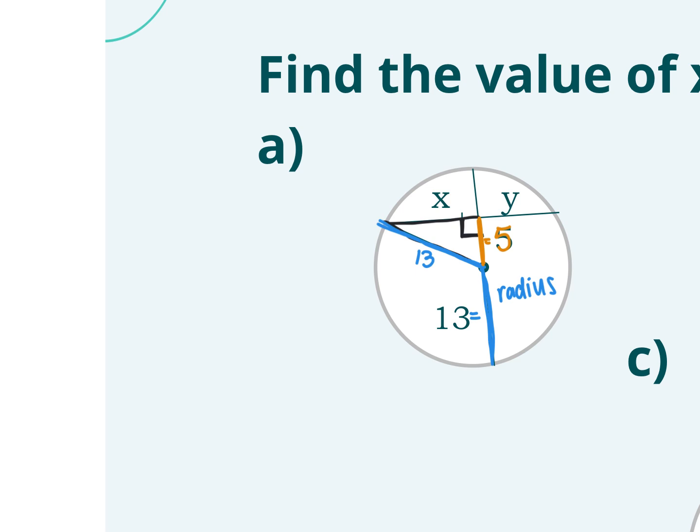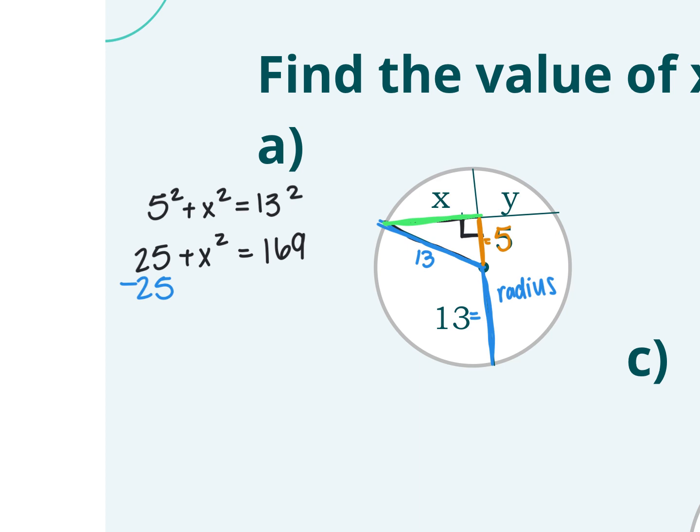And then how would I solve for x? Good, this is a right triangle. I'm going to go ahead and solve for x. Setting it up, I'm going to have 5 squared plus x squared equals 13 squared. 5 squared is 25, plus x squared equals 169.